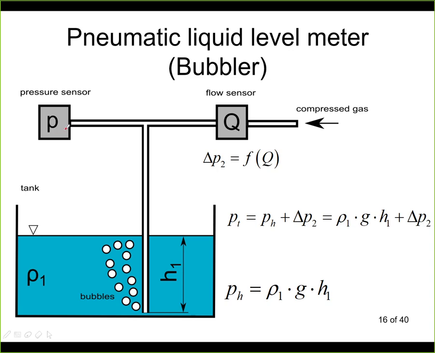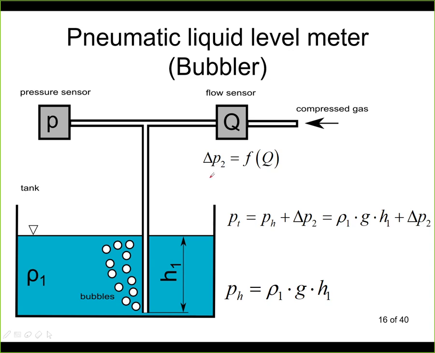So we measure what pressure we actually need to create the bubbles, and we do this for a given flow rate. The way this works is that you are trying to achieve a constant flow rate here. This is a flow sensor plus a flow controller, so that the flow of this compressed gas is constant.